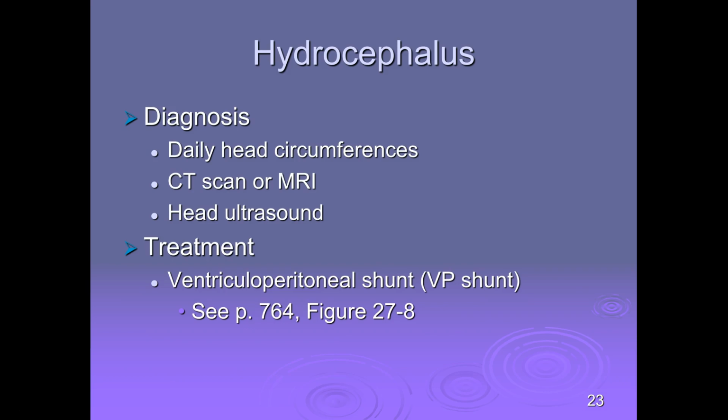Treatment: you have got to get that fluid out, and that treatment is a VP shunt, so it's a ventricular peritoneal shunt. Infection risk is the number one cause of readmissions for VP shunt patients, and it's because if you think about it, it's going from the ventricles in your brain to your peritoneum.